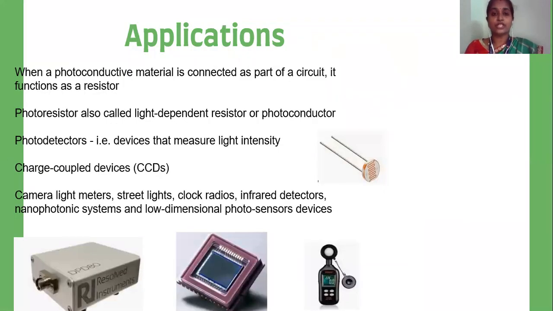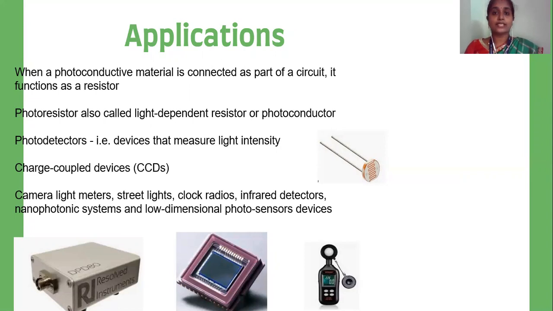Now coming to the applications. When a photoconductive material is connected to a part of the circuit, it functions as a resistor whose resistance depends upon the light intensity. In this context, the material is called a photoresistor, also called a light dependent resistor or photoconductor.